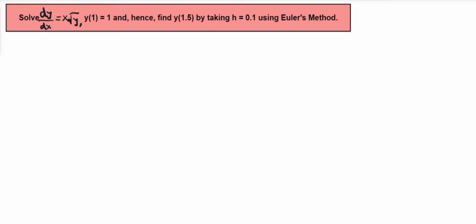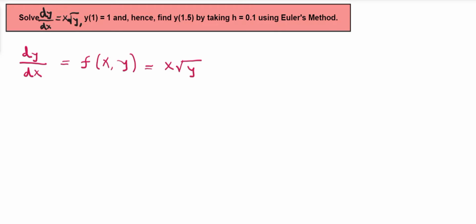Solve dy/dx = x root y, y(1) = 1, and find y(1.5) by taking h = 0.1 using the Euler's method. Here we have dy/dx = x root y, which is our f(x, y).